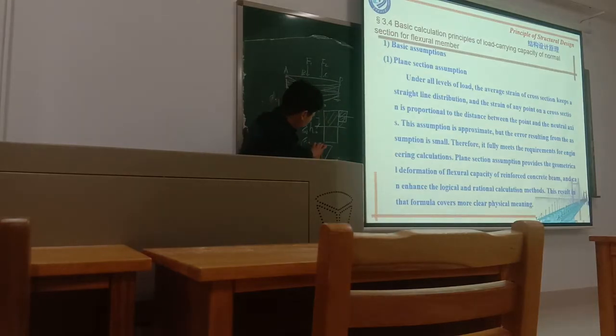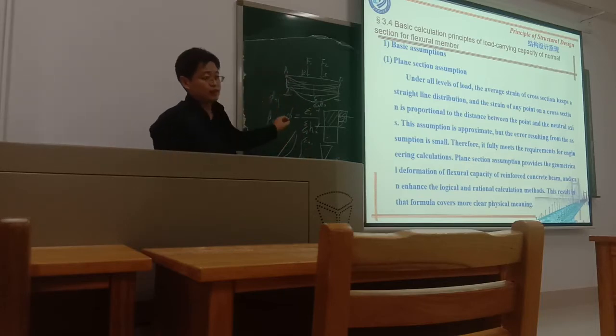What does a straight line mean? That means the distance of the point to the neutral axis: if the distance is larger, the strain is larger. The relation is just proportional. It's not a curve. If it's something like a curve, it's not proportional. So it's a straight relation with the distance.